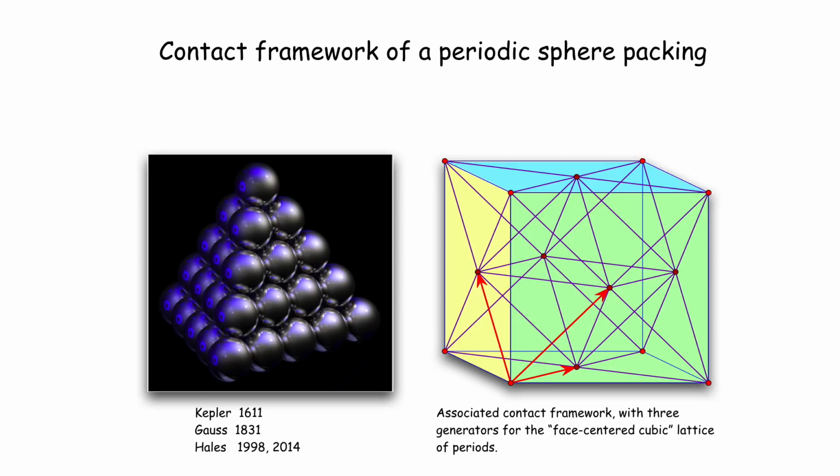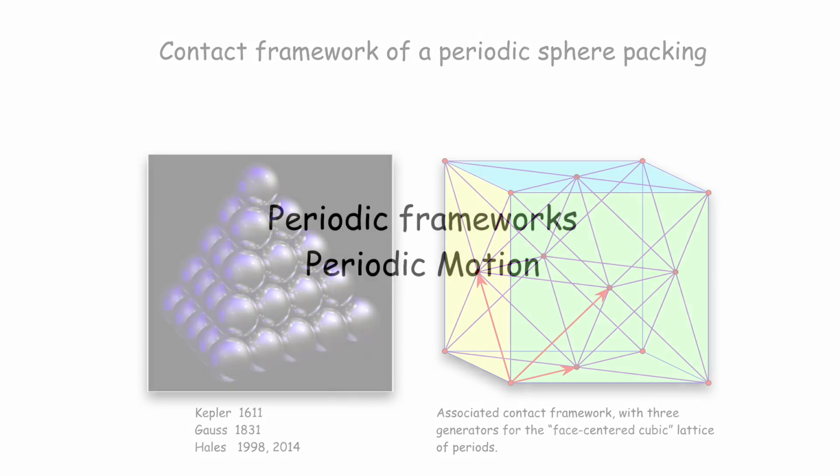And this gives you a contact periodic framework, and you look at its generators of periodicity. So those three red arrows indicate that if you translate with those vectors, the structure will go over itself exactly, of course, imagining it infinite.